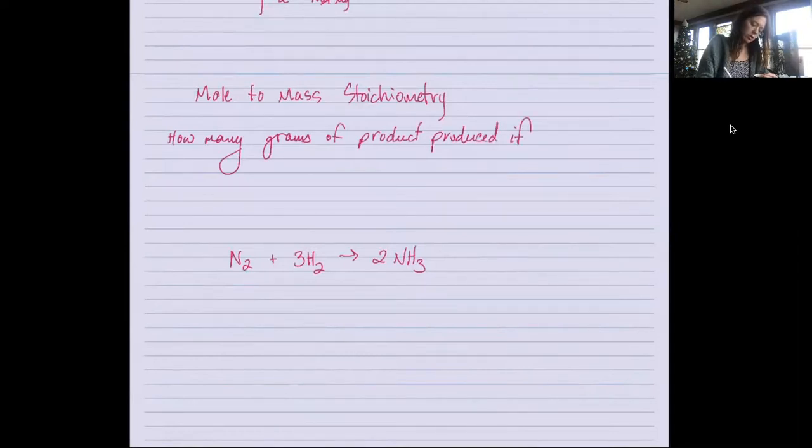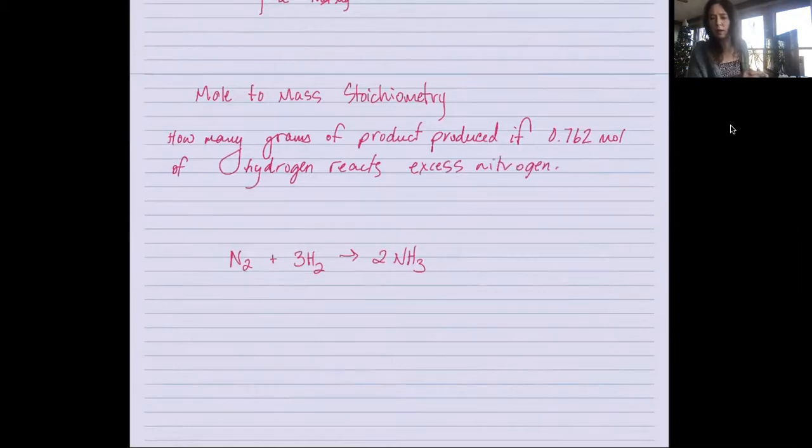So I need to start with moles. 0.762 moles of hydrogen reacts with excess nitrogen. That word excess means don't worry about it. It means you have a lot of it. It means that the hydrogen is, you only have a little bit of, and it's going to run out. And when it runs out, the reaction stops.